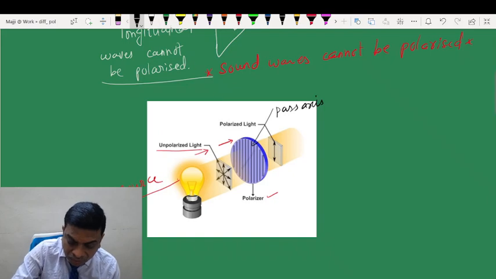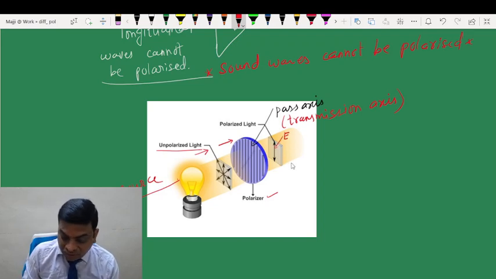You can also use the term transmission axis. Any polarizer, Polaroid, will have a transmission axis. So only those electric field vibrations will emerge which are parallel to it. So automatically this light will now be plane polarized light.